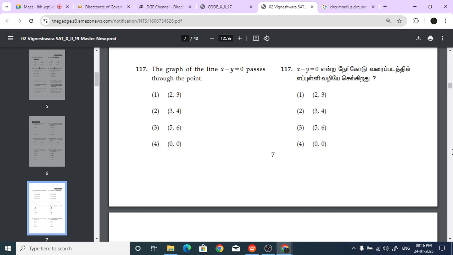Only that option has x equal to y. Suppose instead of 0, 0 they had given 3, 3, then the fourth option, 3, 3, would be the answer, isn't it?